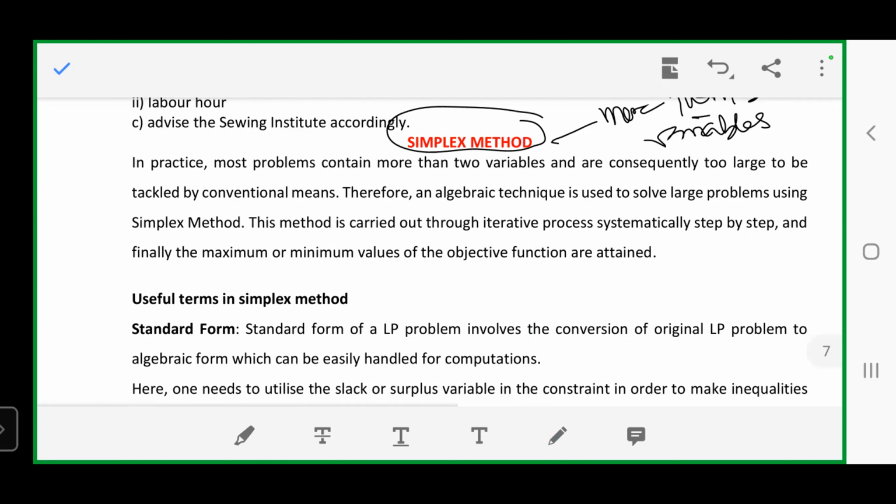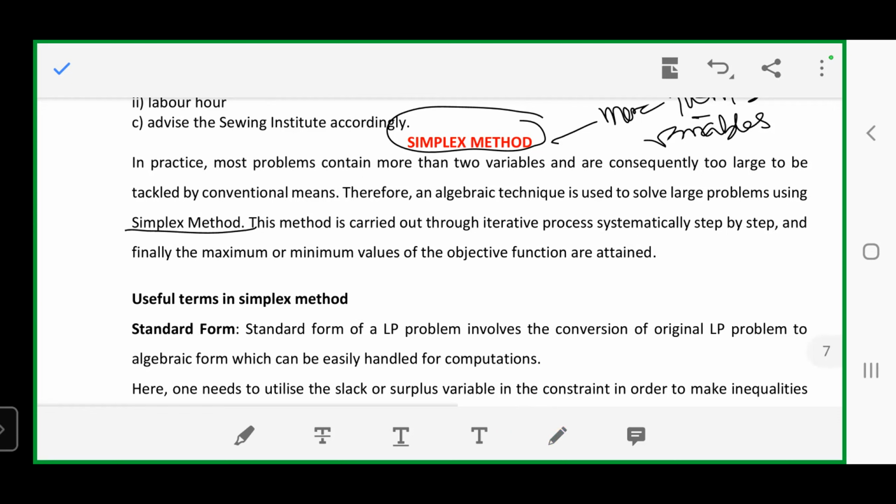So in practice, most problems usually contain more than two variables, and consequently, they're too large to be tackled by conventional means, which is the graphical. Therefore, an algebraic technique is used to solve the large problem, using what? The simplex method. And this method is carried out through an iterative process, systematically, step by step.